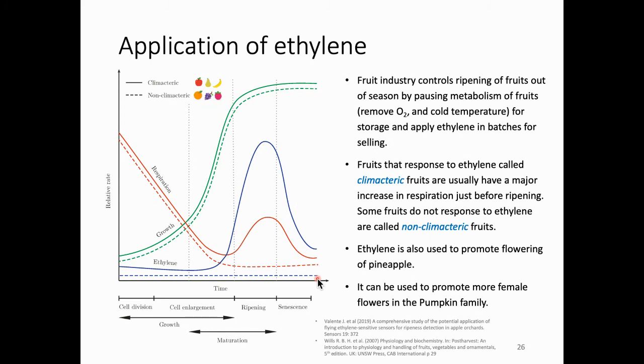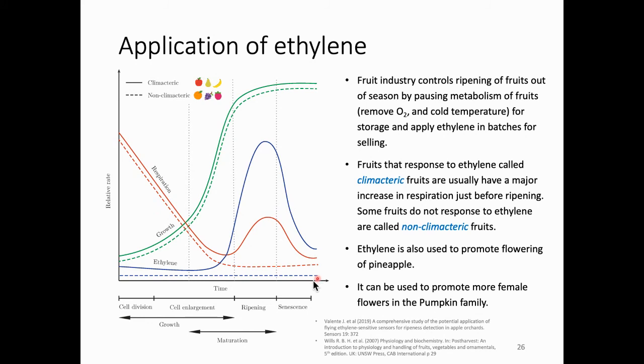So the fruit industry can control the ripening of fruit like bananas. If they want to store fruit to sell it out of season, they can store it in a cool place that reduces temperature and removes oxygen.